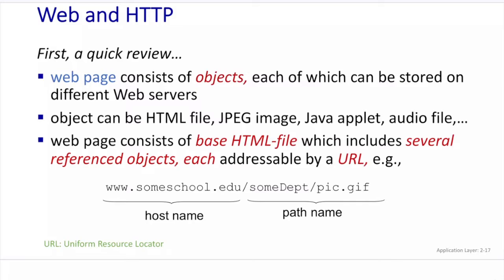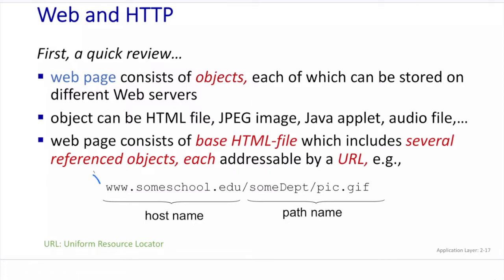Of course, web pages contain several objects, such as HTML file, JPEG file, applet, audio file. And web pages consist of a base HTML file. For example, the very first page you receive from the web service should be an HTML file, and it should contain several referenced objects. Each referenced object is addressable by a URL.